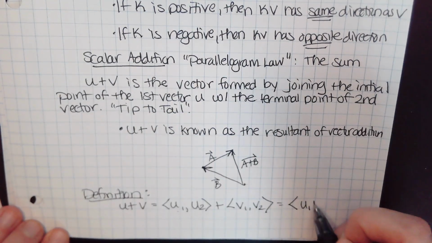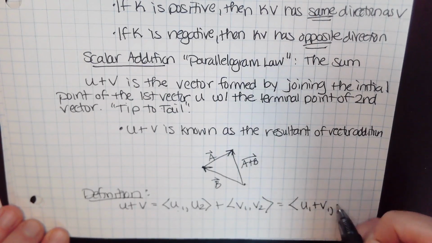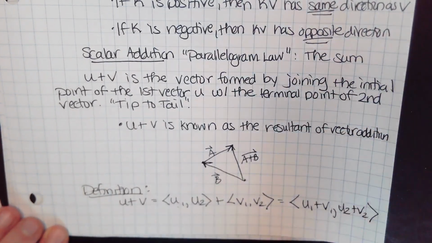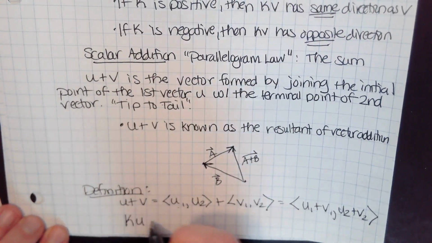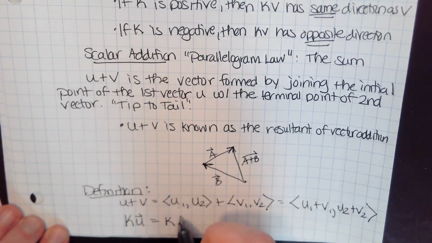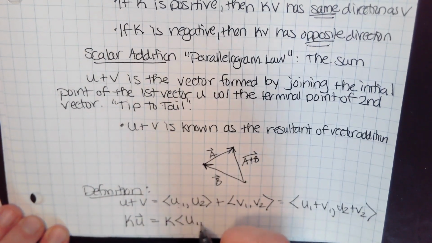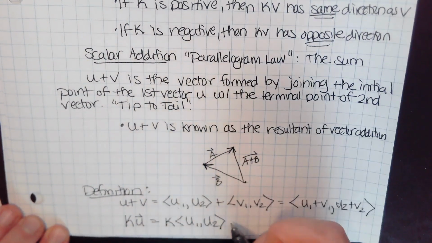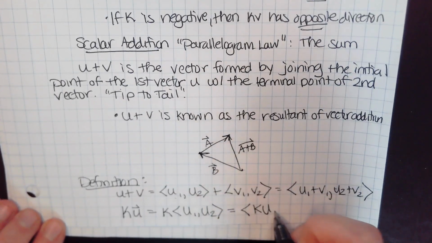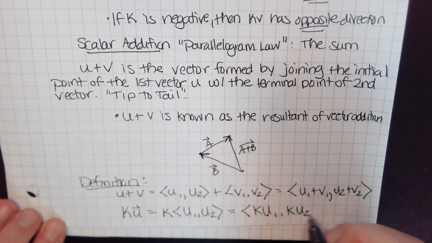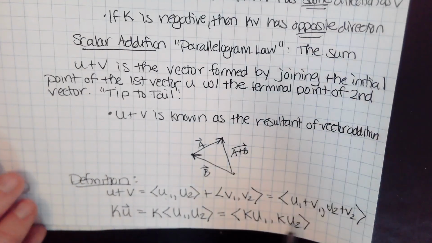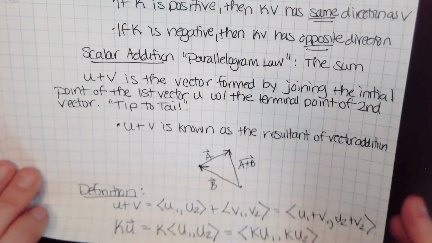So you would add u sub 1 plus v sub 1 and u sub 2 plus v sub 2. If you're doing scalar multiplication, then you would take k times some vector u, so u sub 1, u sub 2, and you would just distribute it in. So it'd be k times u sub 1 and k times u sub 2, and we'd still end up with those vectors in component form.